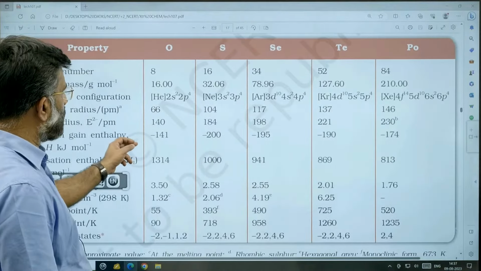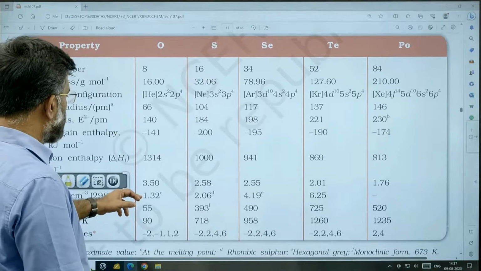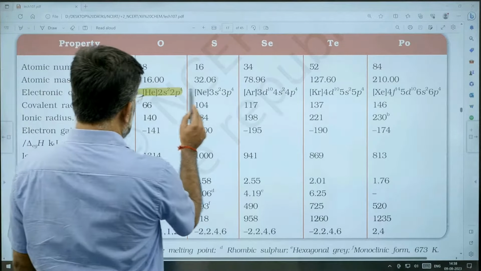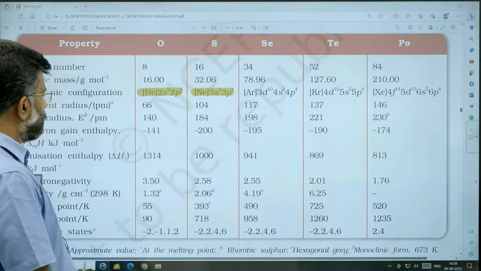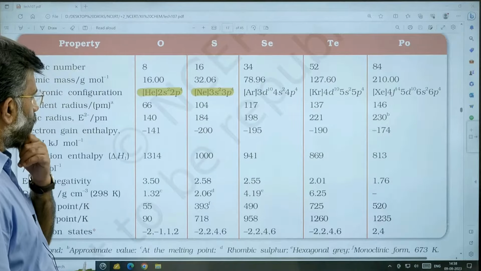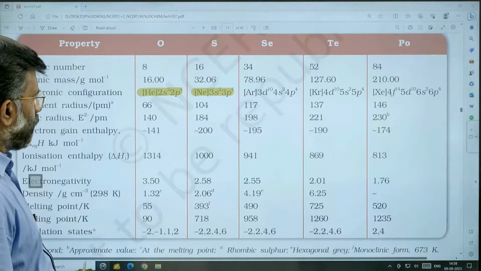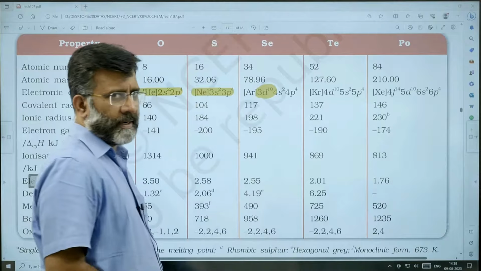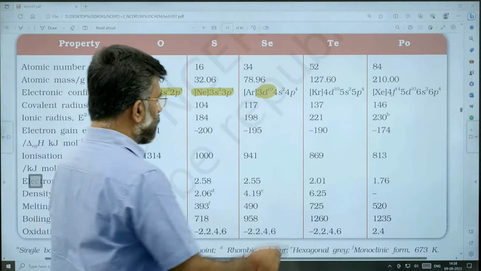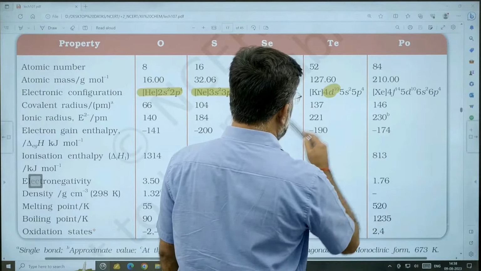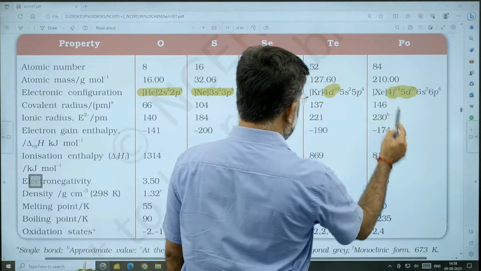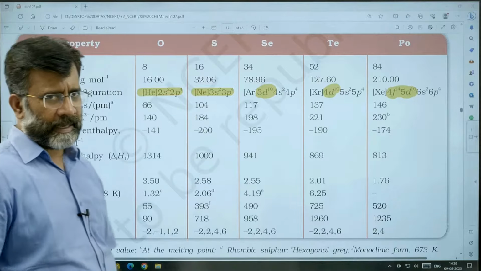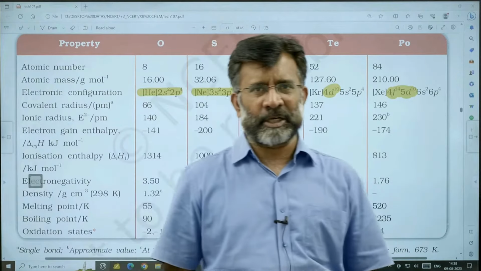Atomic and physical properties. Once again, if you look at the electronic configuration, these two maintain the regular trend: 2s2 2p4, 3s2 3p4, while here there will be 3d10 configuration. Here also we have 4d10, and polonium having 4f14 5d10, meaning it can reflect the inert pair effect.